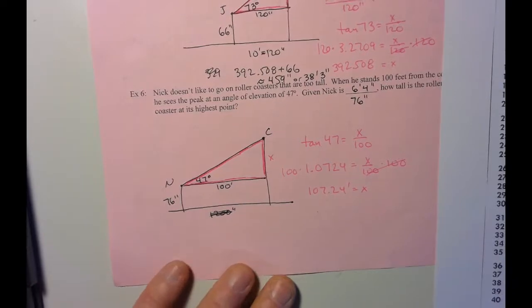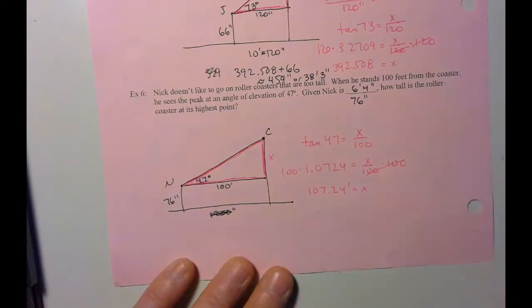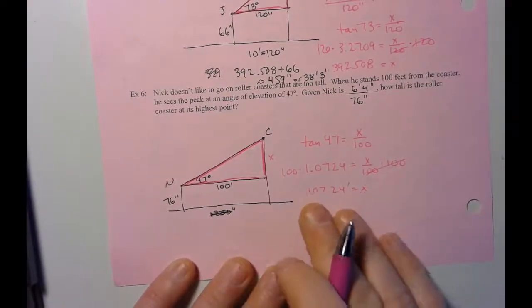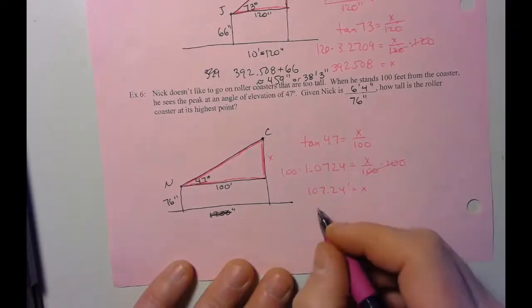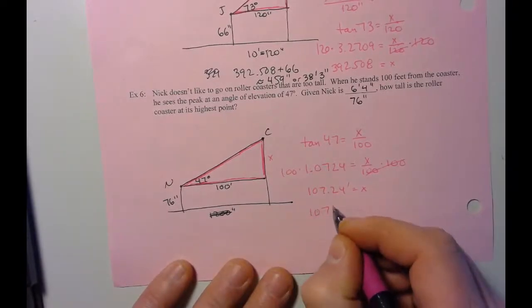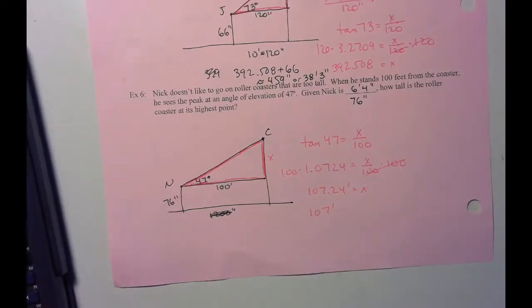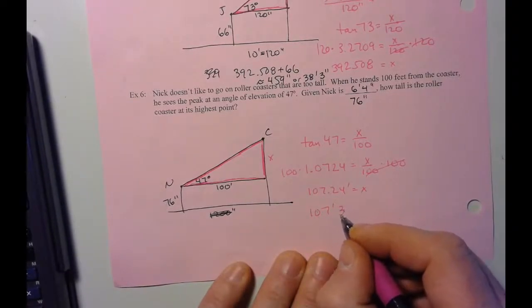Okay? So, if we're going to need to round to the nearest inch, then you don't round here, because that's rounding to the nearest foot. So that's why it's sometimes better just to change it to inches. But if you're going to do that, 107 feet, and then 0.24 feet, you go to your calculator, put 0.24 times 12, and that tells you how many inches. So it says 2.88, which rounds up to 3 inches.